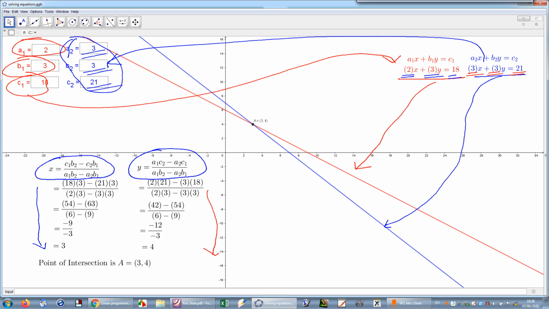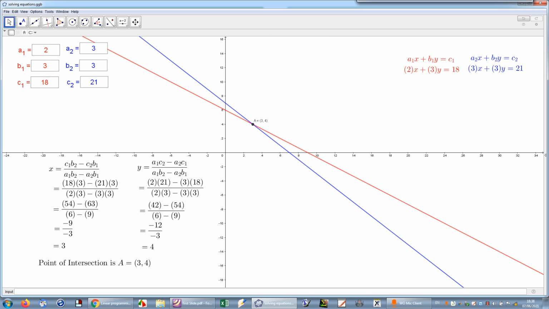I request you to pause the video, substitute the values in this formula and verify that you get x as 3 and y as 4. So the intersection point has coordinates 3 and 4. This is how we can determine the intersection point of two lines.